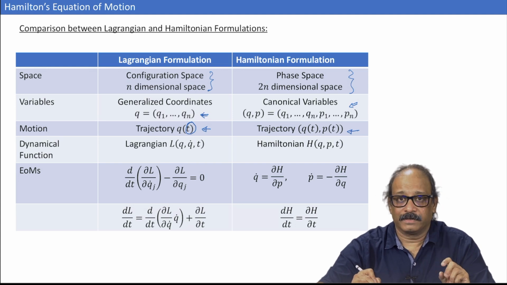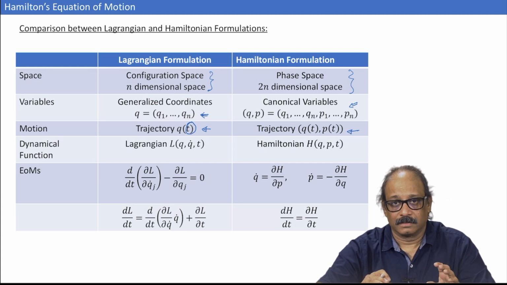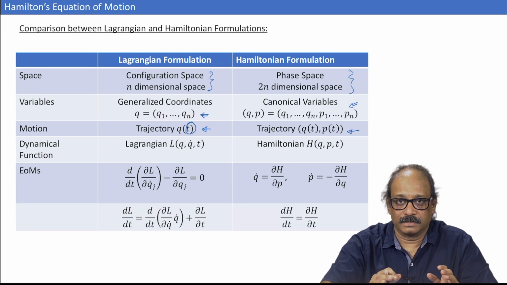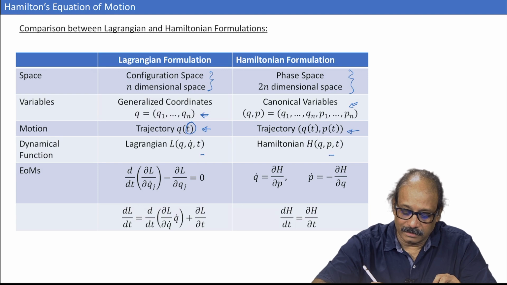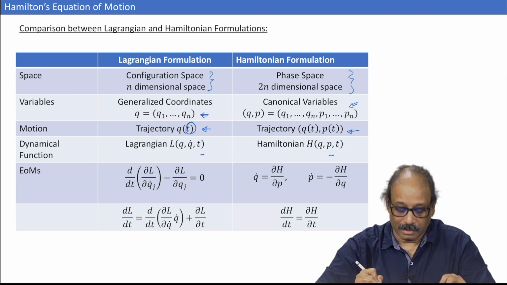Okay. The dynamical function which governs the motion and gives you the trajectory is the Lagrangian, and in this case it is the Hamiltonian.